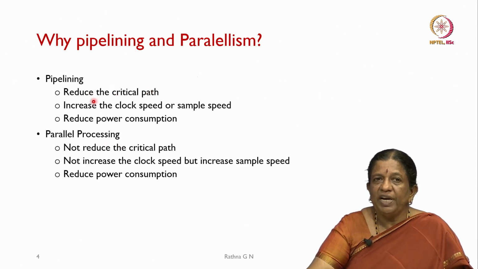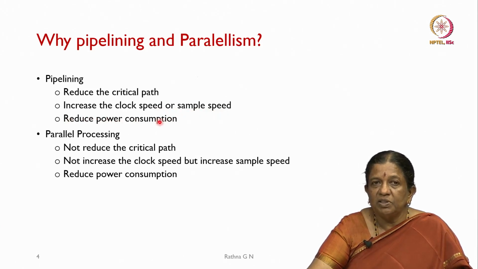One is to reduce our critical path, that is the longest path delay, and increase the clock speed or sample speed, or achieve a reduced power consumption. Same with parallel processing, but it does not reduce the critical path or increase the clock speed; it increases the sample speed, and then we can use it for reduced power consumption.